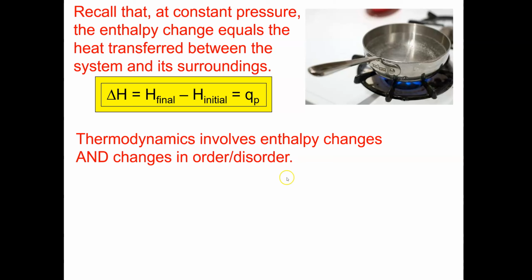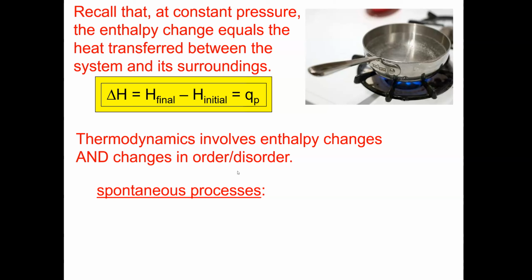In thermodynamics, we usually talk about things like enthalpy changes, but we also talk about what we call order and disorder. That's going to be a new topic introduced in this unit, and I want you to really think about what happens when things get disordered or ordered. We're going to define this idea called a spontaneous process, or thermodynamically favored.